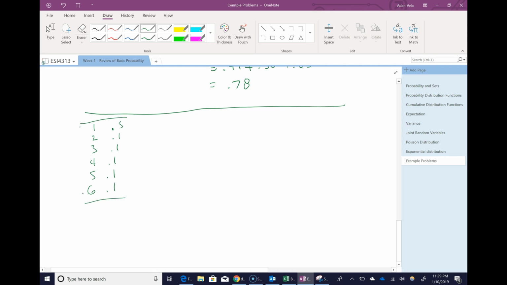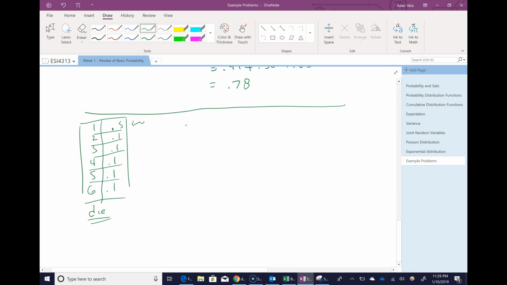So this is a seriously weighted die where you're way more likely to roll a 1 than you are any other number, okay?